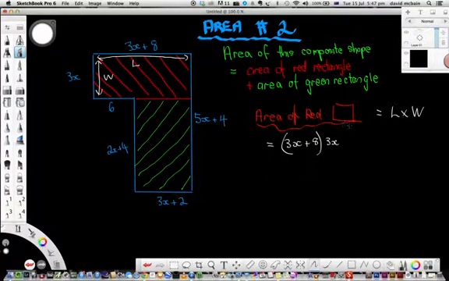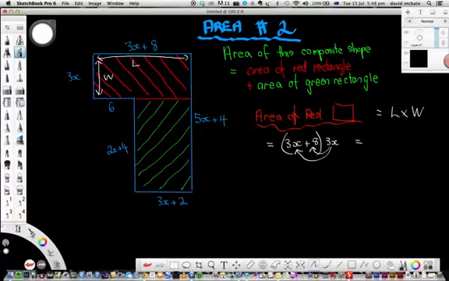So we can expand that by multiplying out. If you want to use the square method to multiply that, you can. The other quicker method is simply to multiply the term in front by each of the terms inside the brackets.